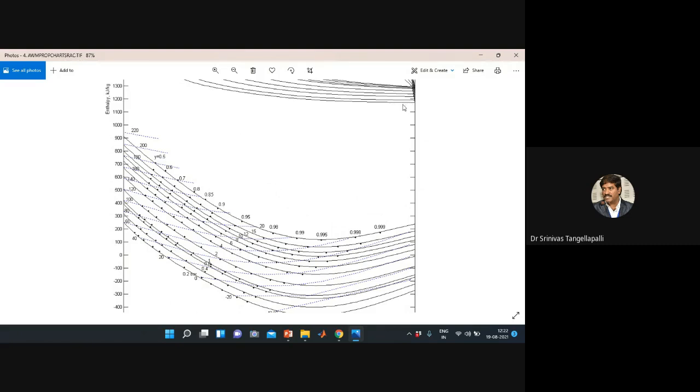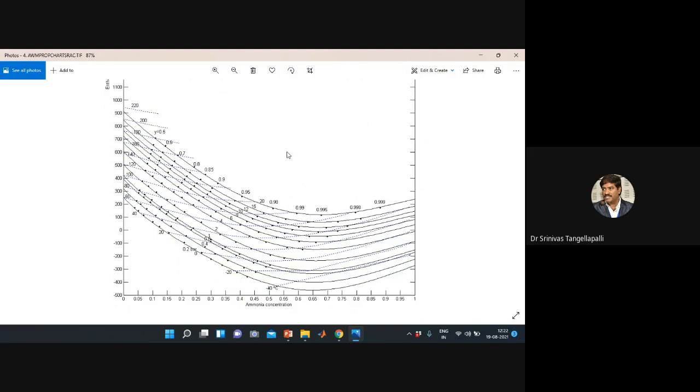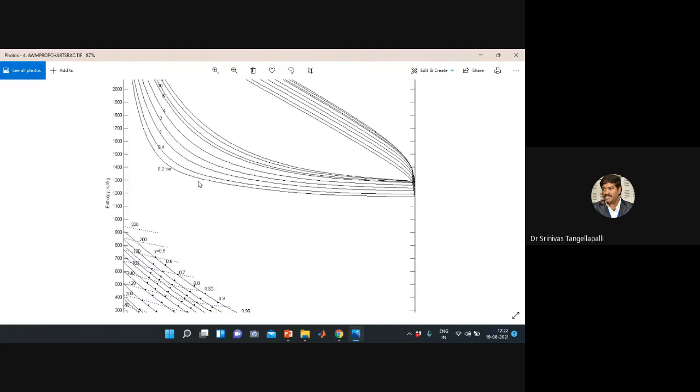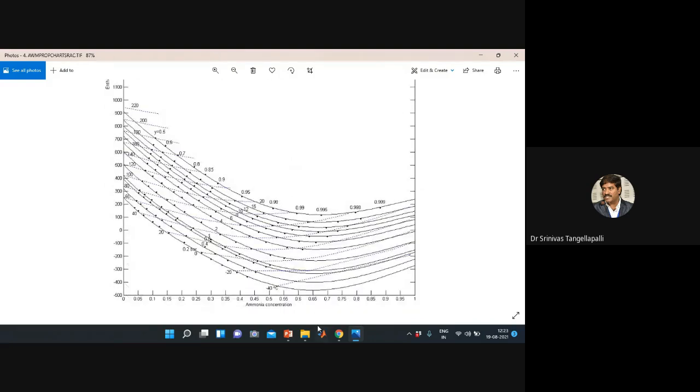Join this liquid and the vapor, and using a scale, take the total length and divide this length into 30% and 70%. Then you can locate the point between the liquid and the vapor. That point indicates the mixture concentration, mixture enthalpy. Apart from this mixture, you also get the liquid enthalpy, liquid concentration, vapor concentration, vapor enthalpy. That's all. I think this is clear.